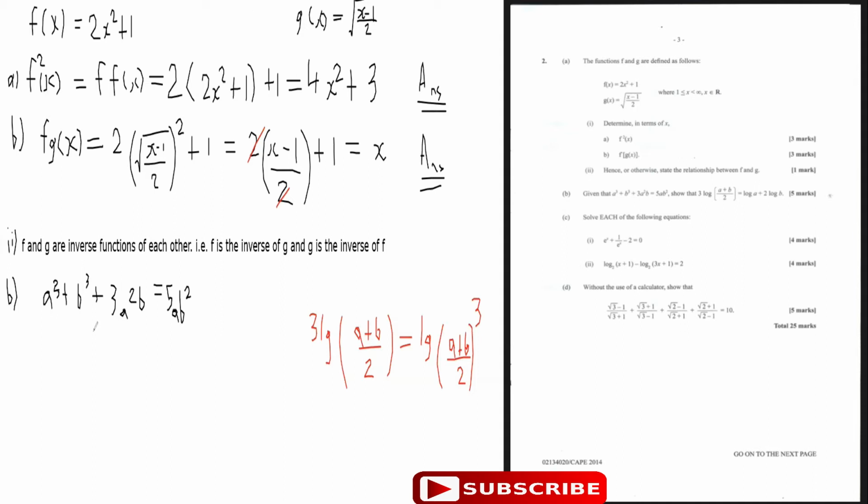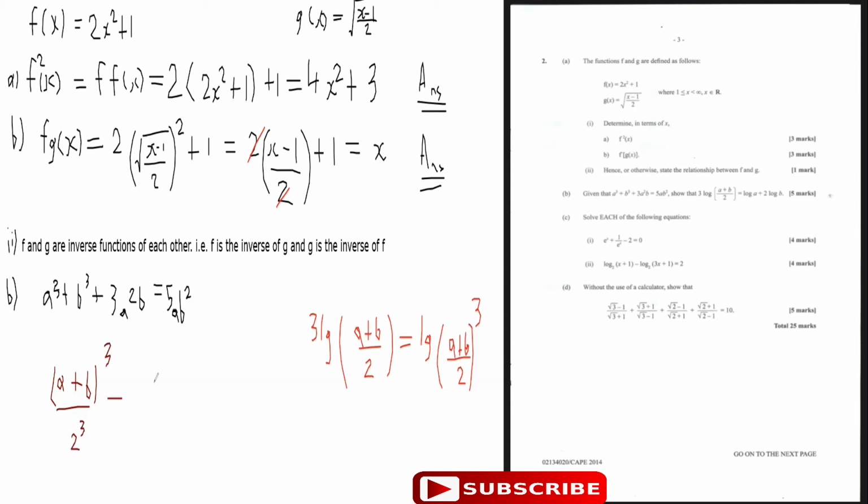In order to start with that, first thing I want to tell you is that a plus b all cubed over 2 cube, and you know that 2 cube is 8, don't you?